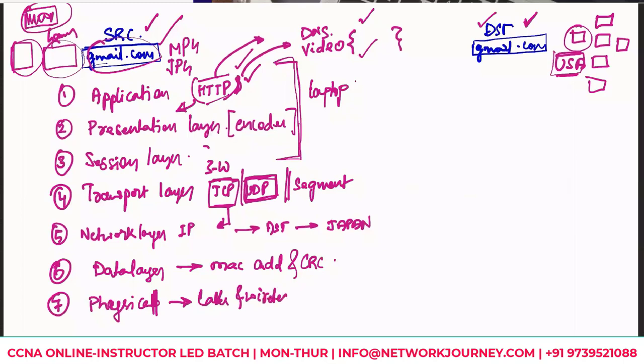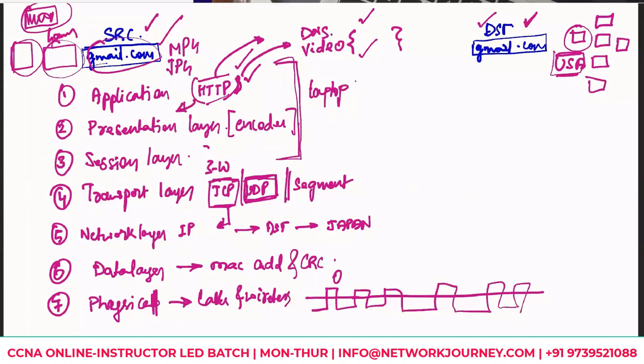If this is a cable, the analog signal carries the bits 0 and 1. You know that computers always communicate using 0 and 1, right? So all your different types of traffic, started at the application layer, are converted and now transmitted as 0 and 1 bits.